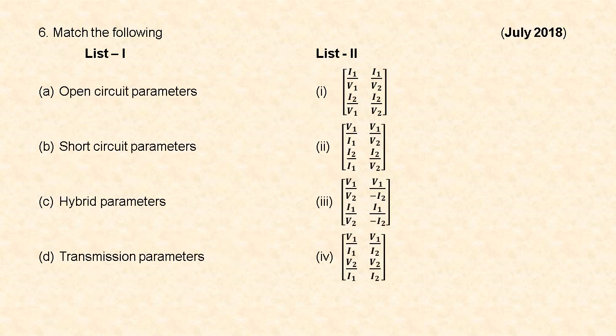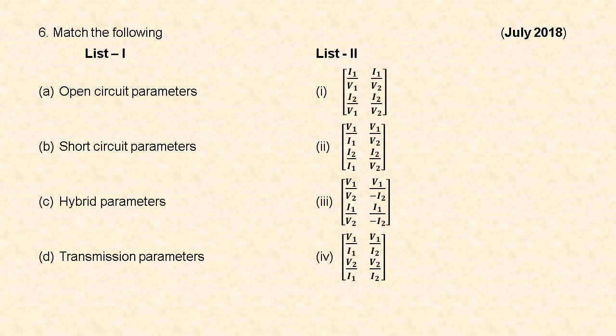Next question. This question is also match the following type and it was asked in July 2018. Here first one, the open circuit parameters, that is Z parameters. Impedance is nothing but voltage by current. So fourth one is valid, that is V1 by I1, V1 by I2, V2 by I1, V2 by I2. Next is short circuit parameters, that is admittance parameters.